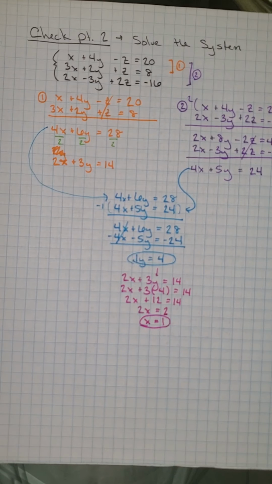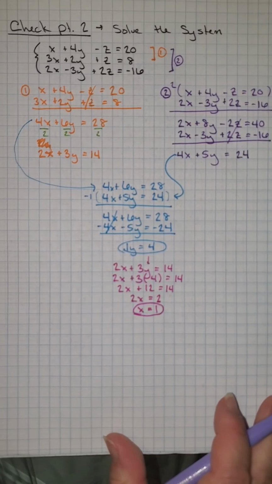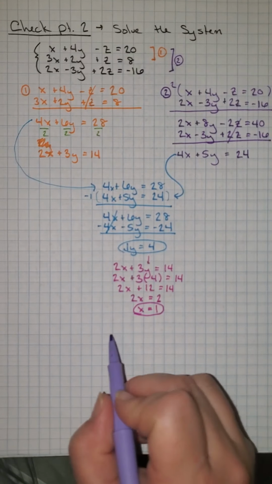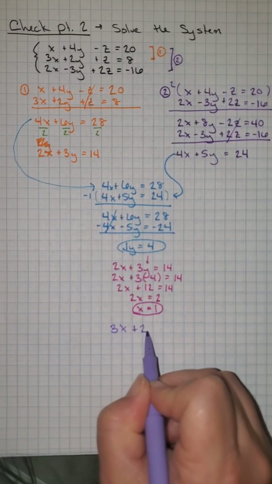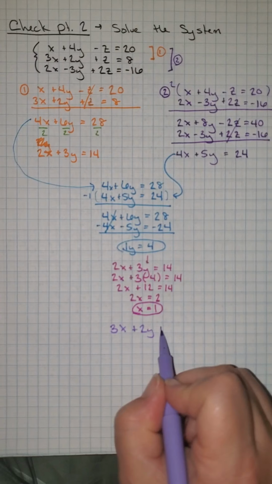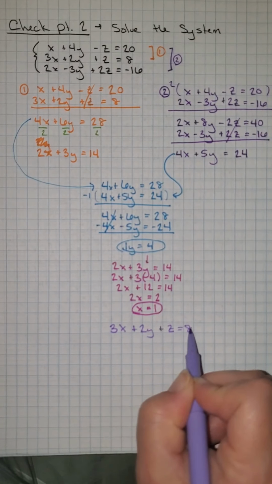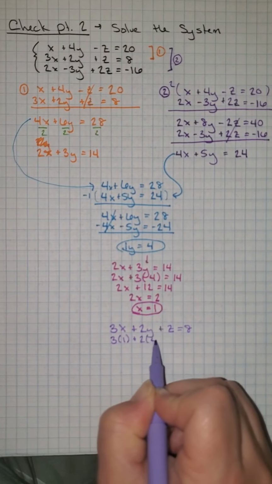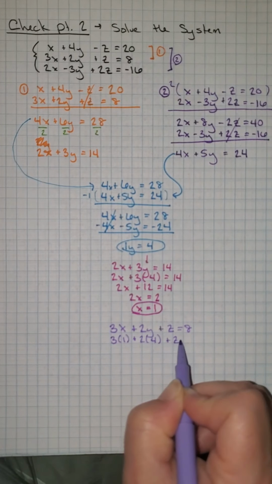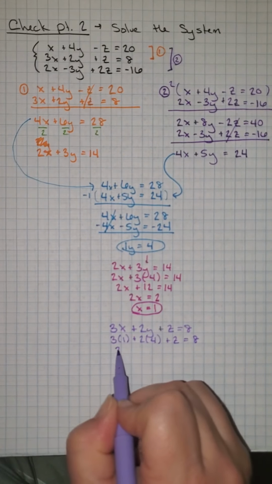So now we need to go all the way back to the beginning and pick an equation with z in it. I'm going to pick the one that just has 1z, so I'm going to go with the middle equation. 3x plus 2y plus z equals 8. Plug in 3 times 1 plus 2 times 4 plus z equals 8.